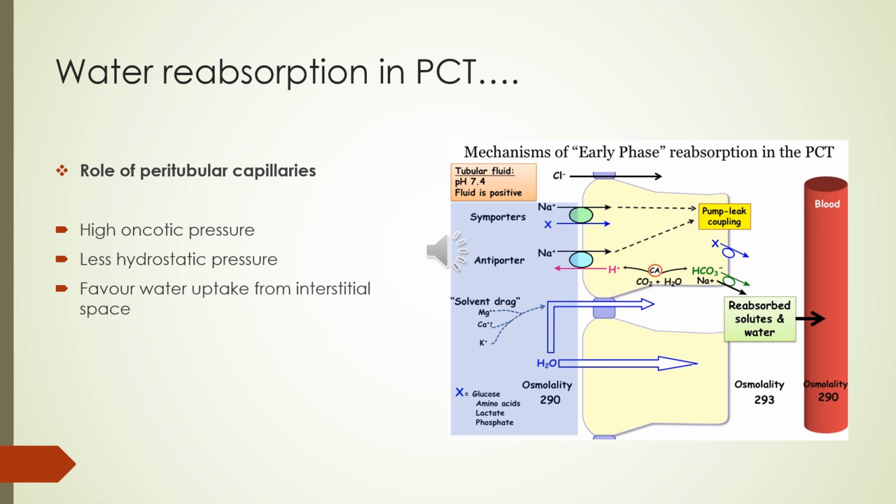And by the time it reaches the peritubular capillaries, the oncotic pressure will be higher due to the increased concentration of proteins, and the hydrostatic pressure will be less. So this high oncotic pressure and low hydrostatic pressure favor the uptake of water from the interstitial space into the peritubular capillary, and thus it maintains the gradient for water reabsorption from the tubular lumen into the interstitial fluid.